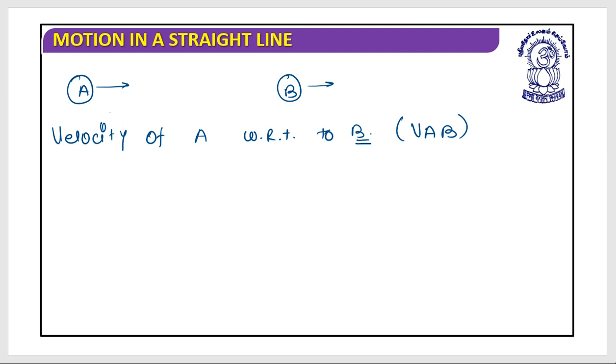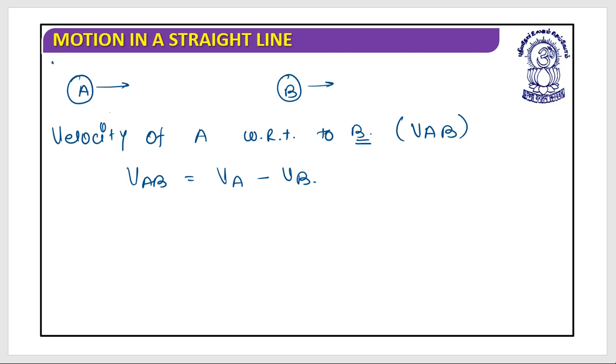As these two objects are moving in the same direction, I need to subtract: velocity of A minus velocity of B. This is the velocity of A with respect to B. I hope these things are clear.